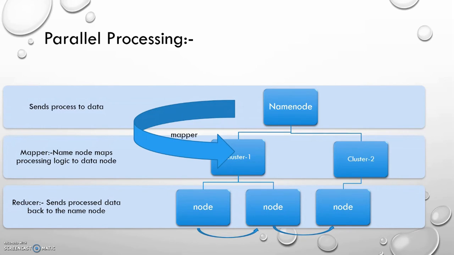In MapReduce, we are sending the process to the data, not the data to the process. So we send our processing logic to the data nodes, and after processing, the reducer function works, which sends the processed data back to the name node. And that's how data analytics is possible in Hadoop.